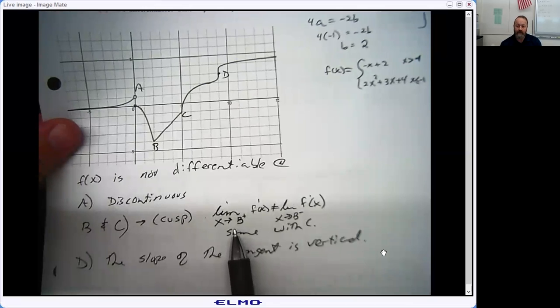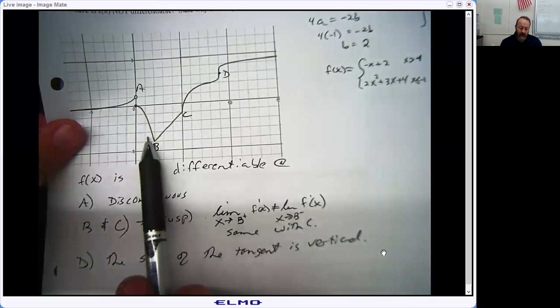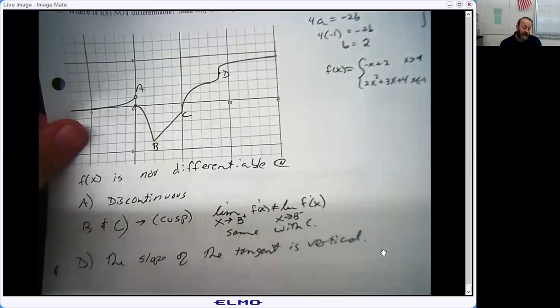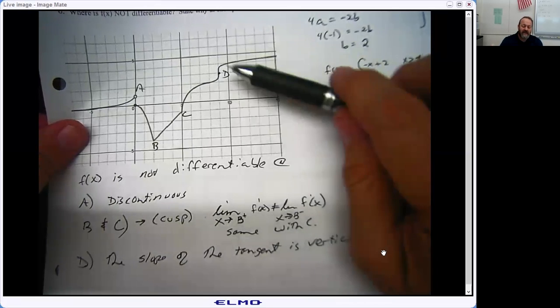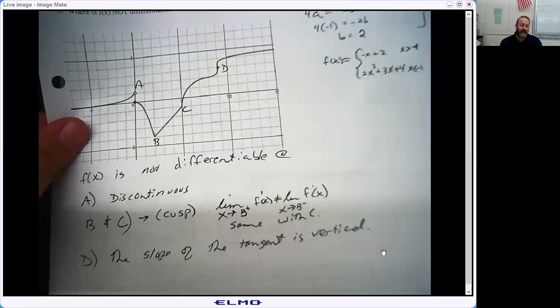So if you take a look at the limit as you approach either b or c, you don't get the same value approaching that point from the left or the right on that derivative. So that makes it non-differentiable. And of course, d, we talked about this in class, that's a bad guy because it's vertical. And if it's vertical, even for a moment, it's not differentiable at that place.